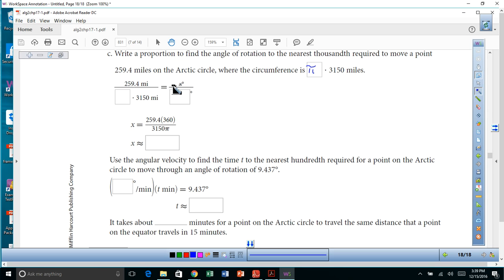All right, so 259.4 miles over pi times 3,150 equals x degrees over 360 degrees. Okay, so multiply across, and then put that in your calculator, and you get 9.437.